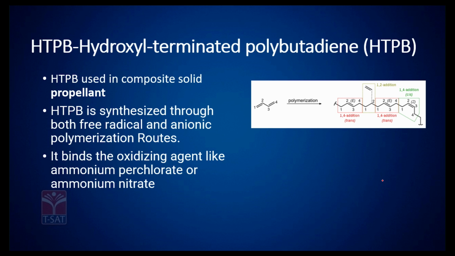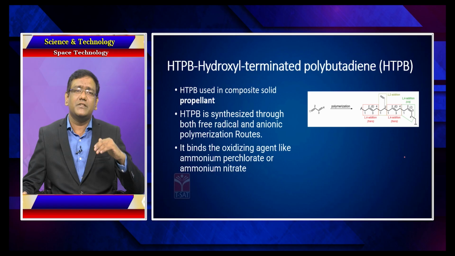Another fuel we use is HTPB, hydroxyl terminated polybutadiene, which is used in composite solid propellant. What do we mean by propellant? We were using the words propellant and fuel. Propellant is a mass, and expanding this mass creates thrust. Thrust is the reason the satellite is taken into space.